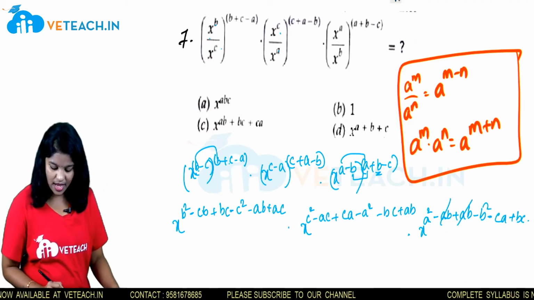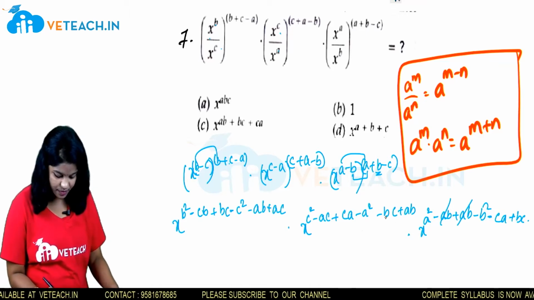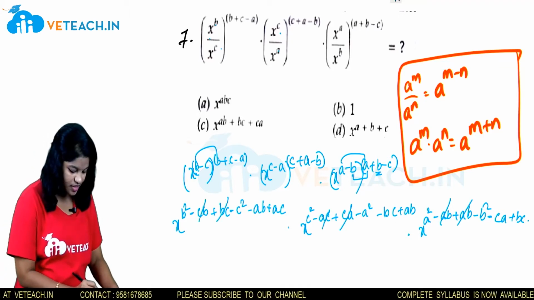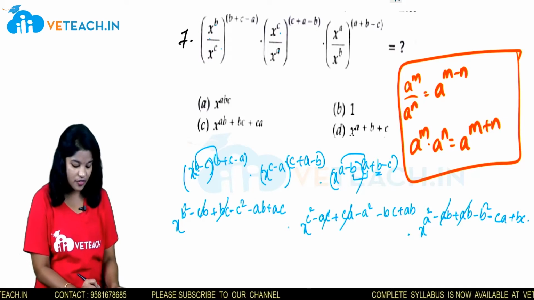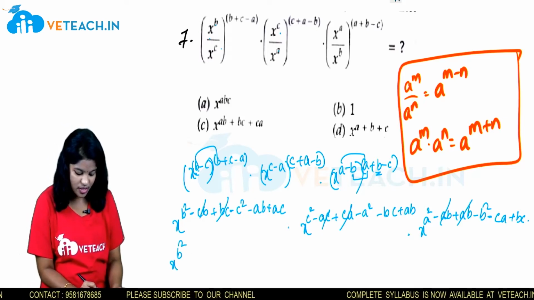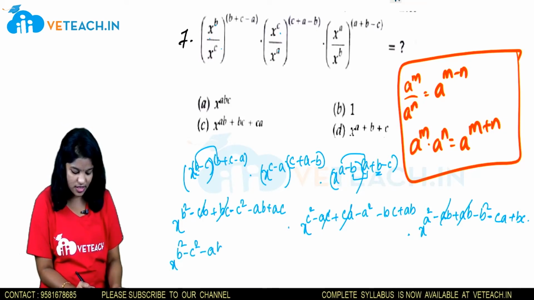So ab gets cancelled here, ac, bc, ca. So the final expression here we have is x^(b squared minus c squared minus ab plus ac).